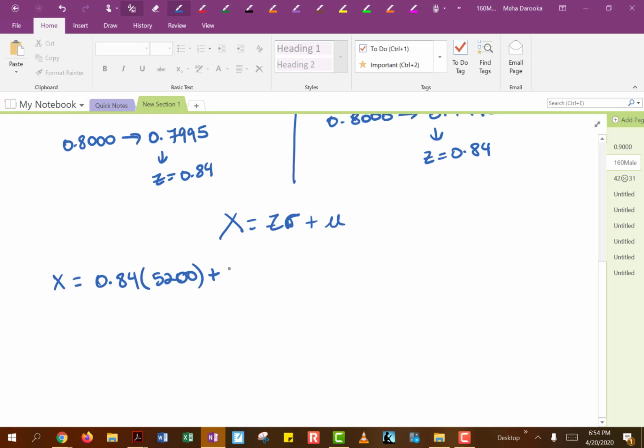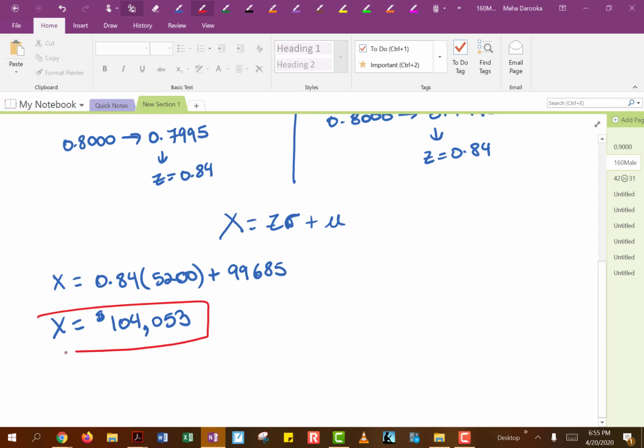And the mean value here is 99,685. So if you put this in your calculator, you should get an x value of $104,053. So at the 80th percentile, the salary for the professors is going to be $104,053.